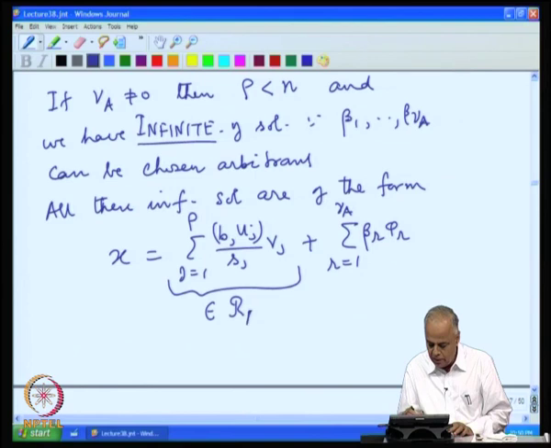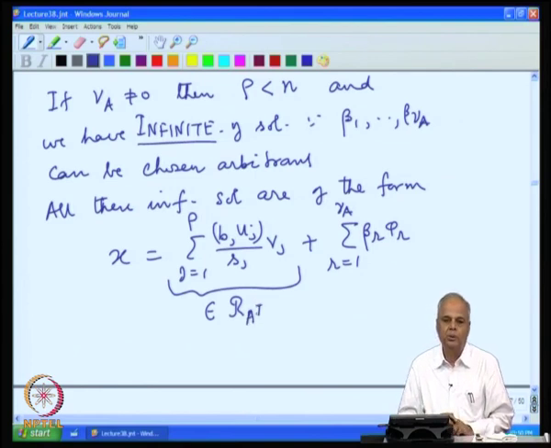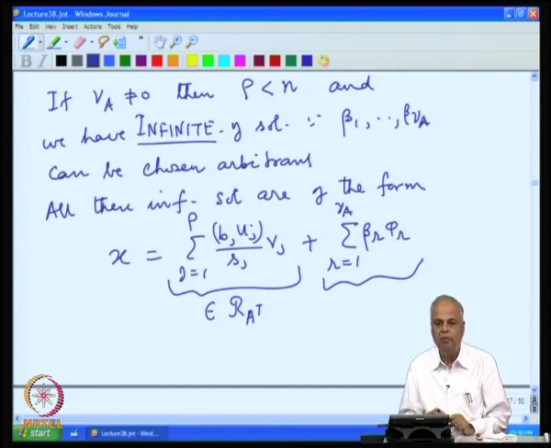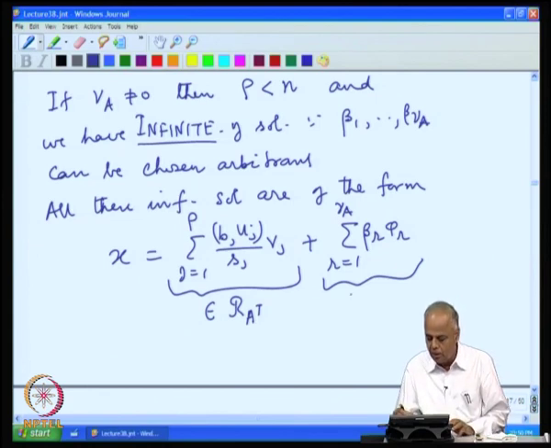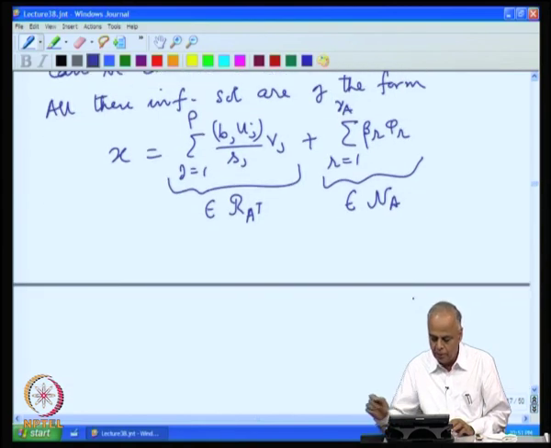So, that is a vector in the range of A transpose, and the second sum is a linear combination of the vectors phi 1, phi 2, ..., phi nu a. Phi 1, phi 2, ..., phi nu a form an orthonormal basis for the null space of A, and therefore, any linear combination of them will belong to the null space of A. We will call this Xr and this Xn.